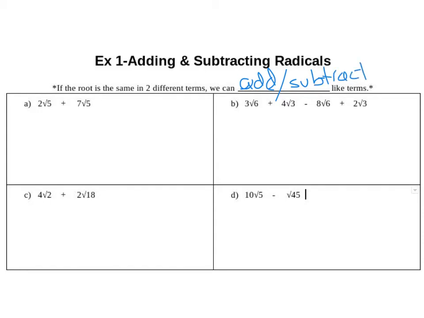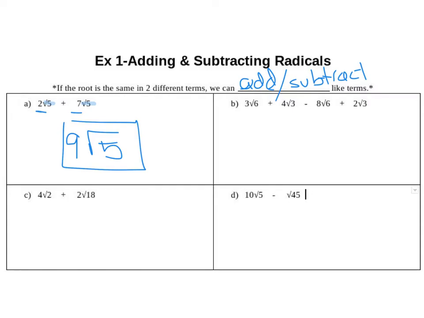So when you look at example A, if you see the radical term is the same, which in this case we have the root 5, we can just look at those just like adding like terms. So we can use these coefficient terms, the 2 and the 7, add them together, and we know we have 9 root 5. The same thing works for subtraction and adding.